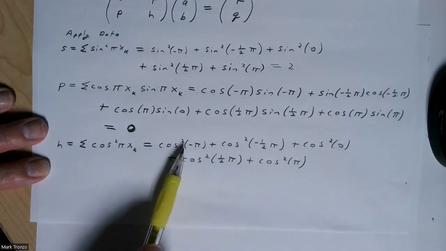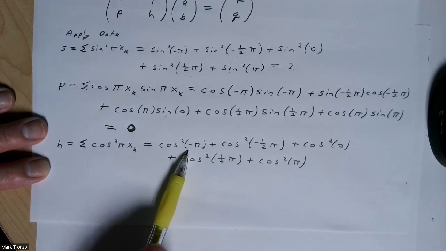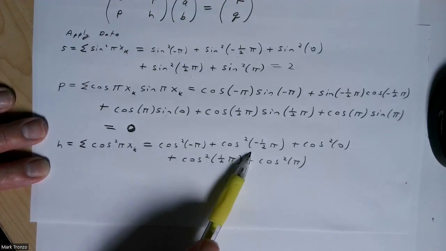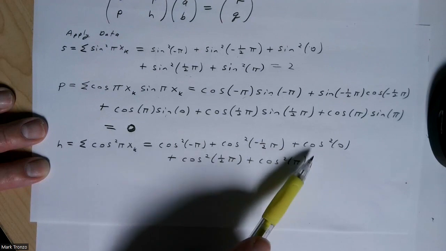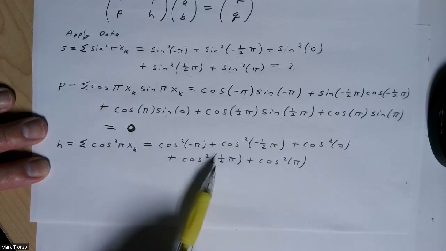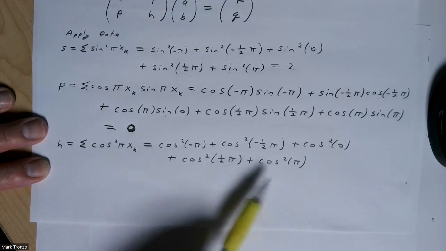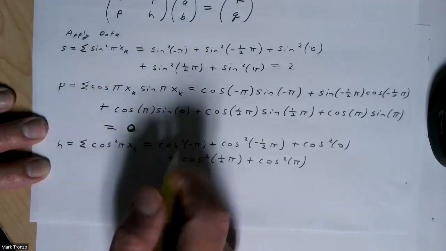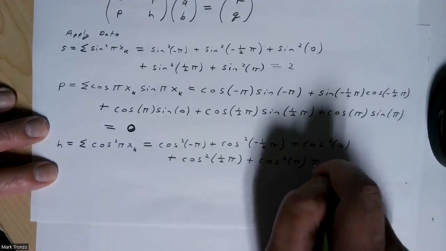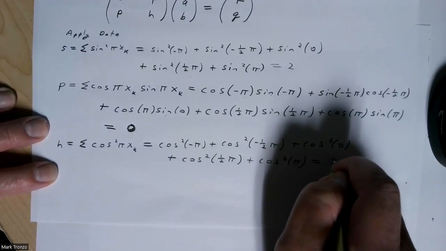And of course, this one up here is going to be -1 squared, which is 1, 0 squared, and this will be 1 squared. This will be 0 squared, and that'll be 1 squared. So that's going to all be equal to 3.